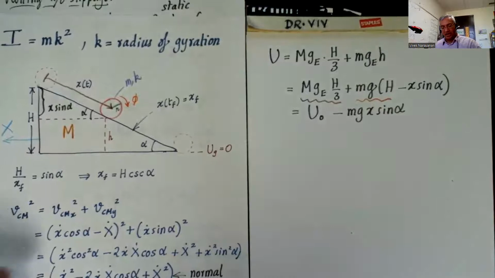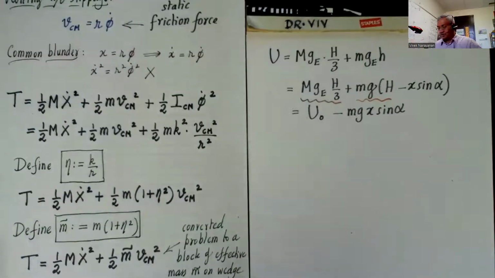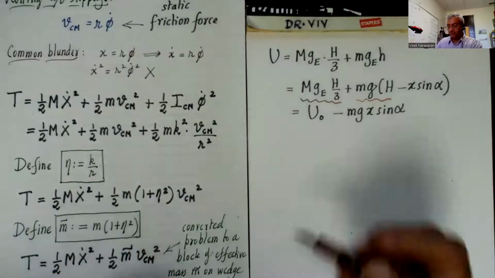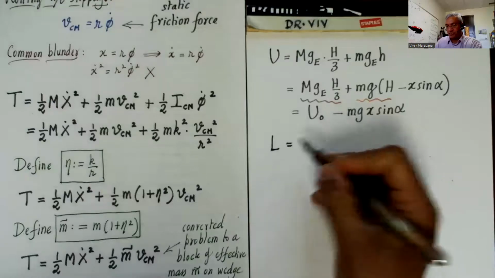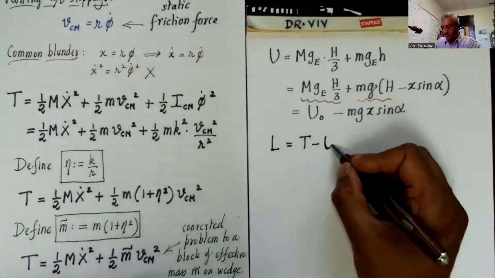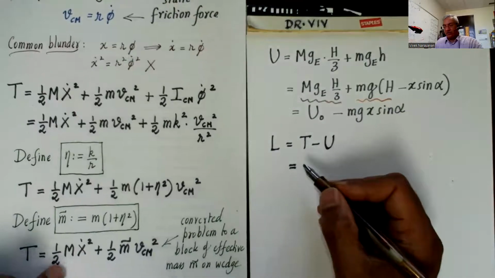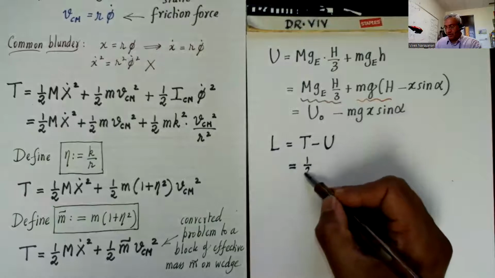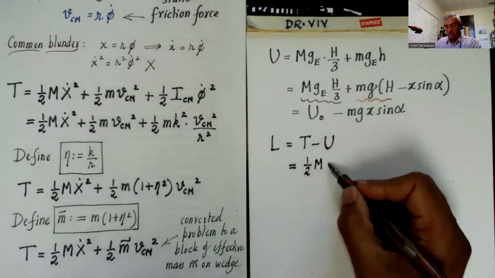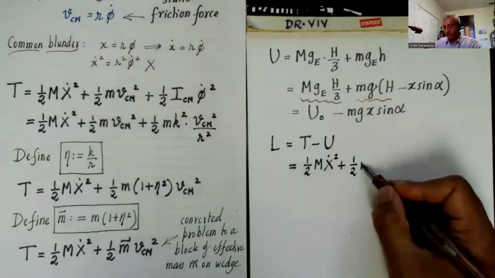Now we're ready to write our Lagrangian. Lagrangian L is T minus V, T minus U in this case. So the kinetic energy term is 1/2 m x dot squared plus 1/2 m tilde.